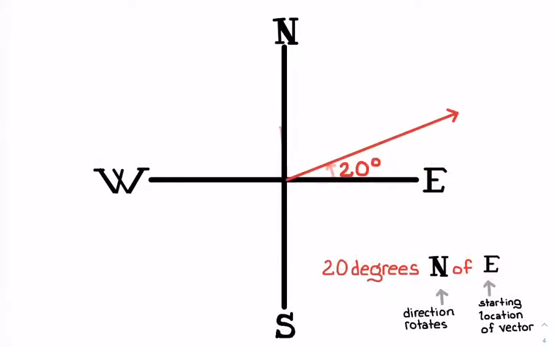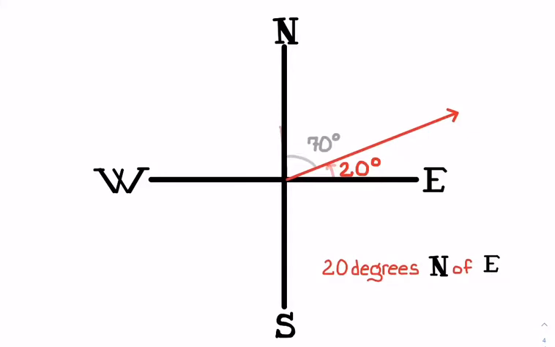So if the object was starting off heading east, but then instead of going due east, we rotated towards the north 20 degrees, we would be going north of east. There is more than one way to describe the heading.